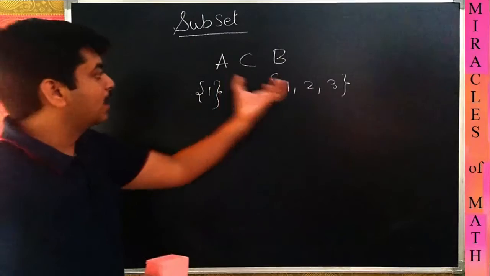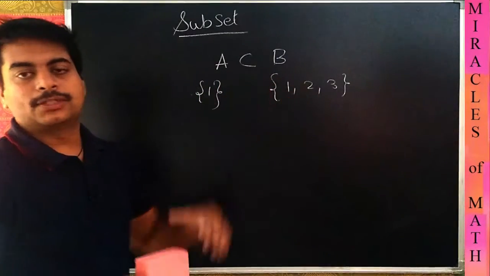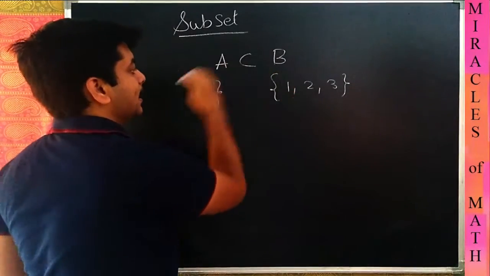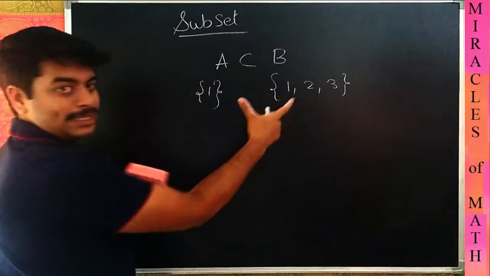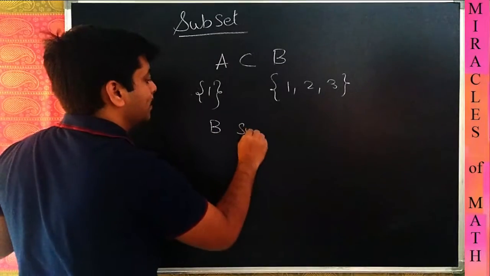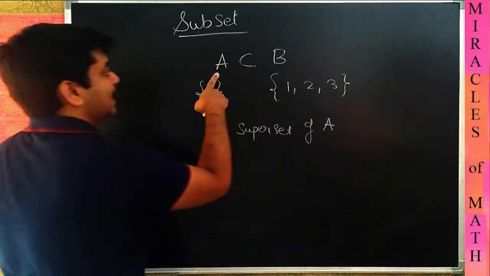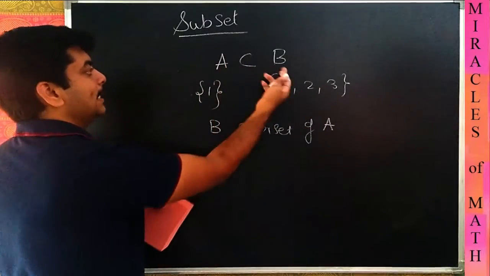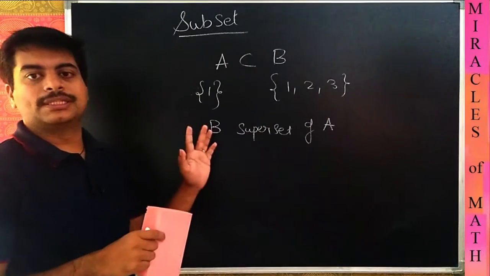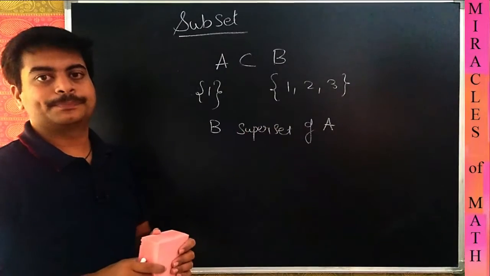As 1 is a part of B, we say A is a subset of B. When A is a subset of B, we say B is the superior, the parent. So B is the superset of A. That's it, no many complications involved in this one.